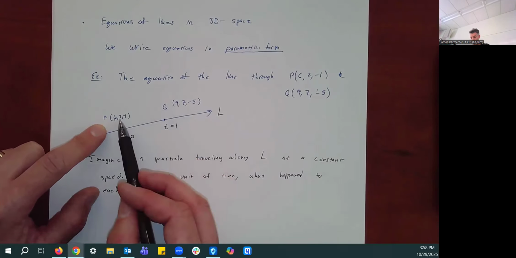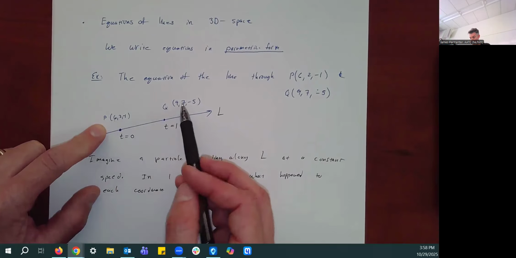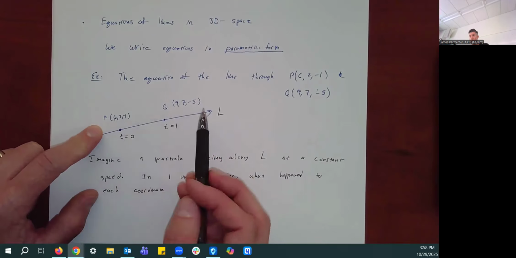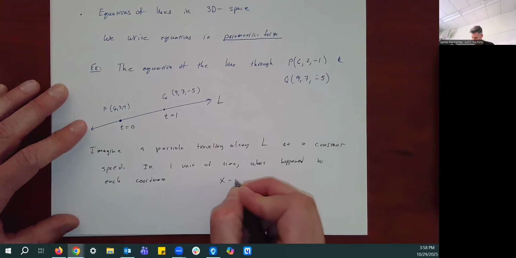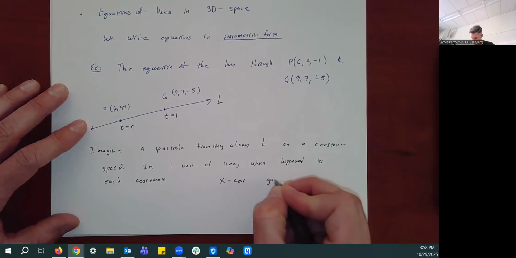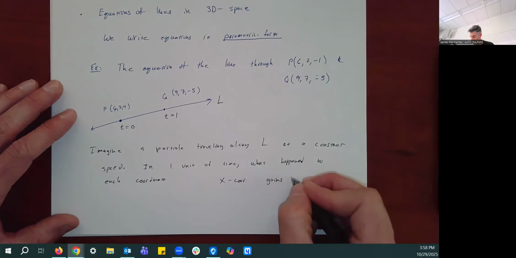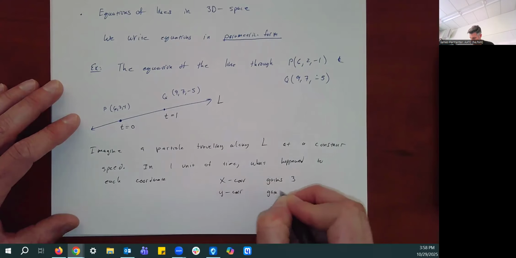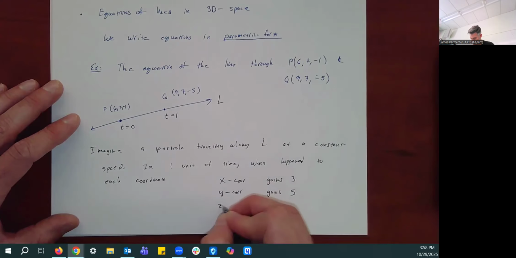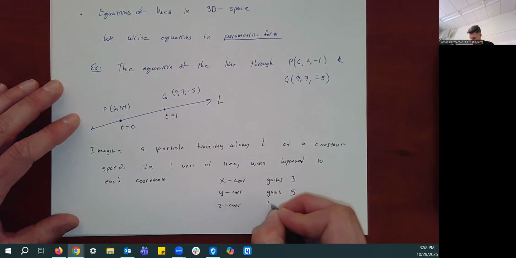The y coordinate has increased by 5. And the z coordinate has decreased by 4. So we can say that the x coordinate gains 3, apologies. The y coordinate gains 5. And the z coordinate loses 4.